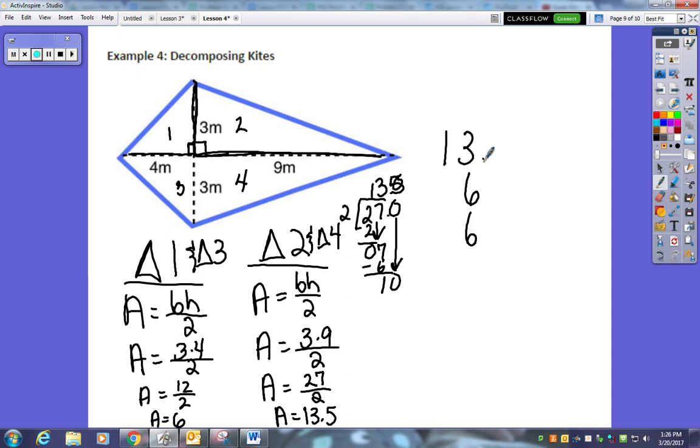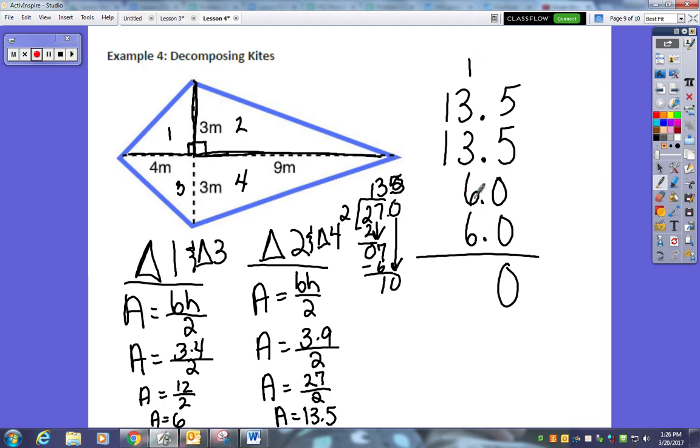Now when I line these up, I'm going to line them up like this. And I'm going to put point zeros for the 6s. And I get 39.